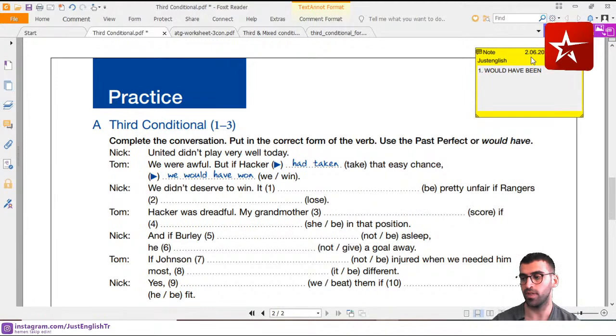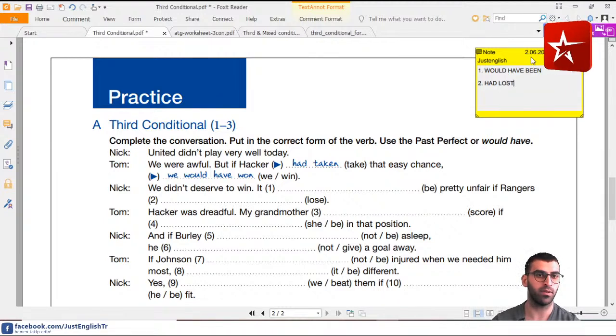For number 2, we have to use past perfect after if: Rangers had lost, lose, lost. That is a good answer. Thank you, Minever, Yusafa, Mr. Halil. Yes, it would have been and had lost are the correct answers.